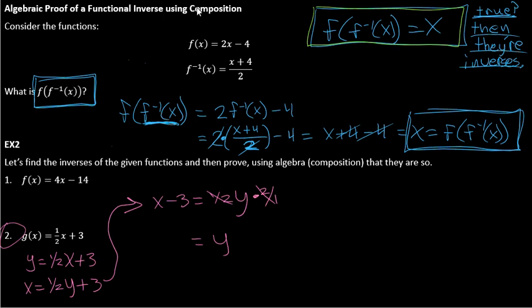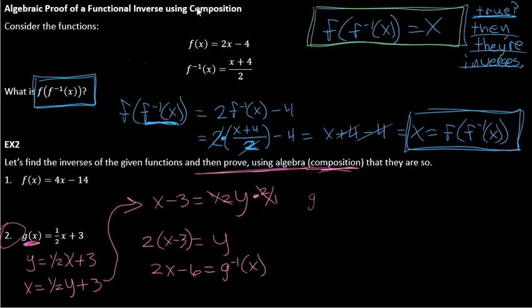What I do to one side, I do to the other. I'm going to go ahead and distribute just for funsies. So 2x minus 6 equals my g inverse of x, because it's called g. Now I'm going to use algebra to prove, and by algebra I mean composition, that they are in fact inverses.